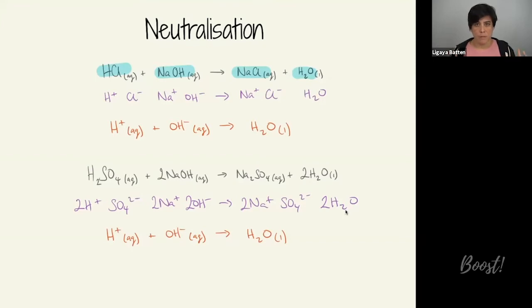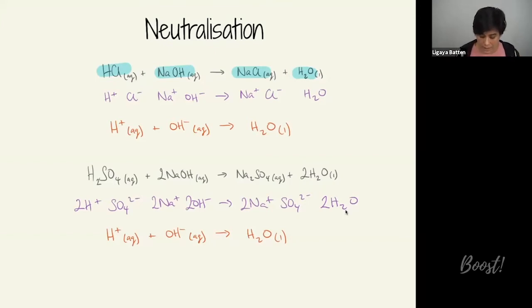If you remember back to how to write ionic equations, in an ionic equation we want to only include the ions that change in either charge or state of matter. So we have both the chloride Cl- and the sodium Na+ ion on the left and the right-hand side.